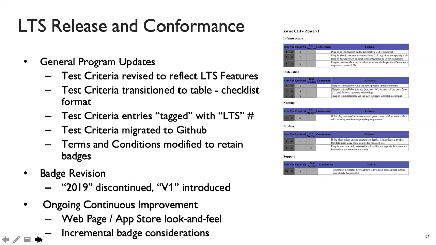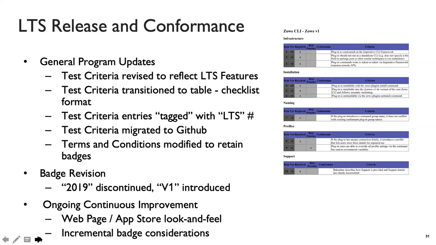So we changed the conformance criteria to enable folks to retain those badges. Also, not having a specific timeline allows extenders to apply for the latest conformance, in this case V1, on their timeline whenever it's convenient for them.